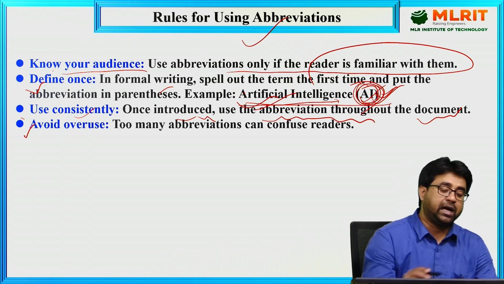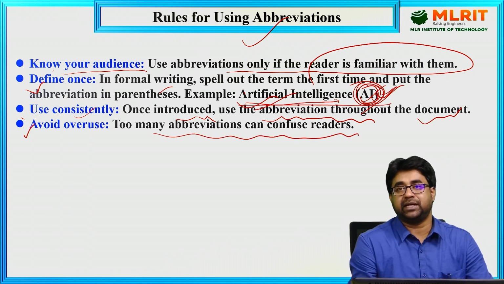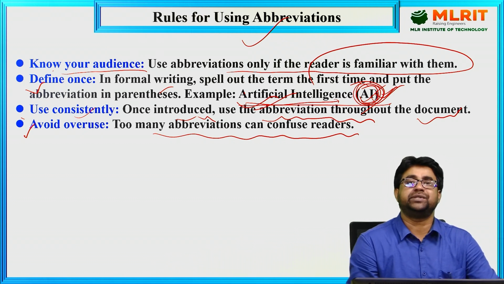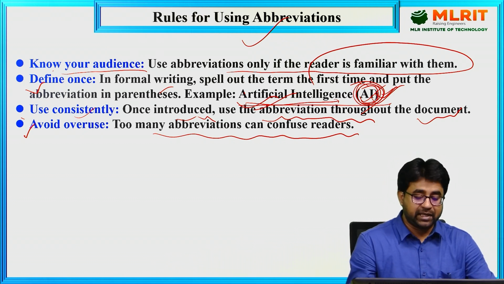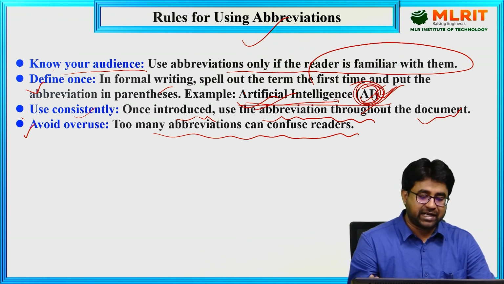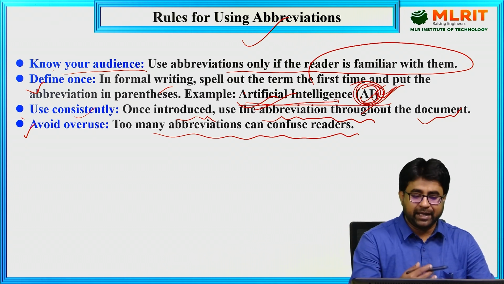Fine. Now avoid overuse. Too many abbreviations can confuse the reader. If you are speaking or writing, make sure that you are not using too many abbreviations, especially if they are not familiar. There are certain abbreviations that almost everyone knows. They have become very familiar because they are used everywhere.